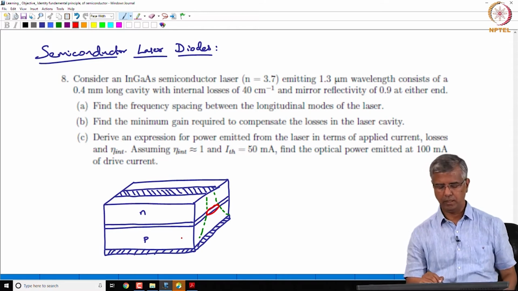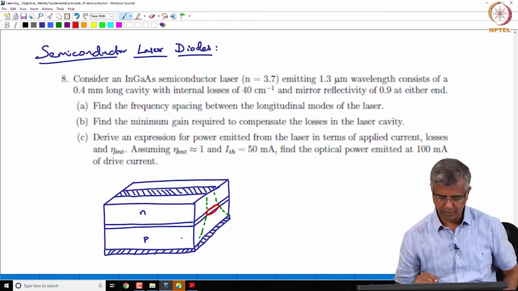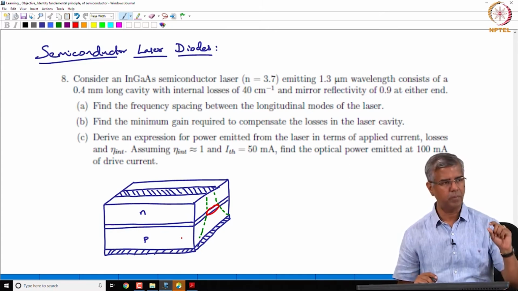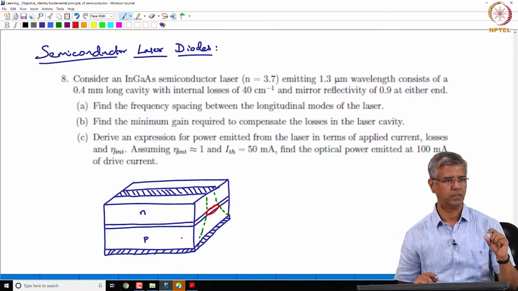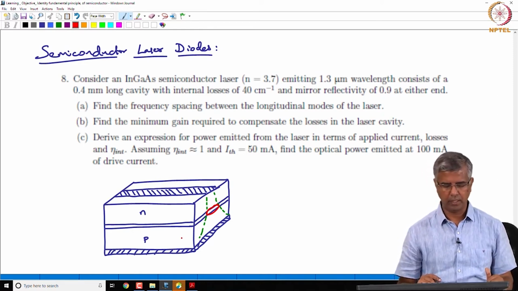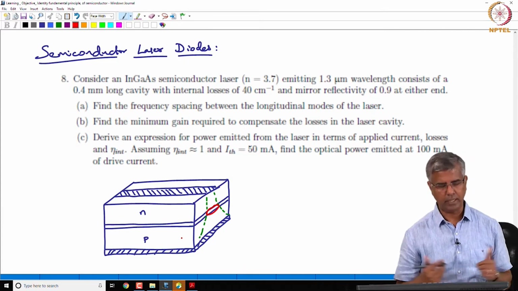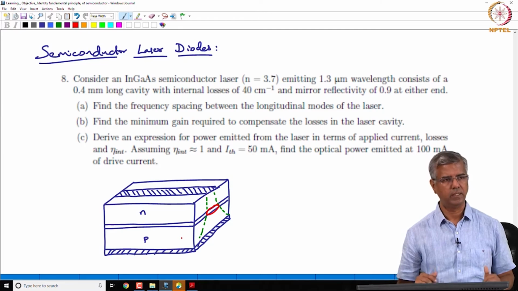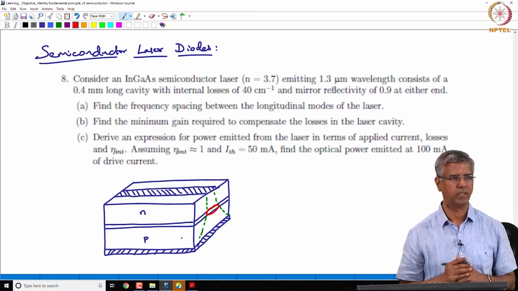And one characteristic that we can clearly see is that it is limited by the thickness of the active region in the vertical direction. That is basically how many layers you can deposit epitaxially, and in the transverse or horizontal direction, there is not as much of a constraint.